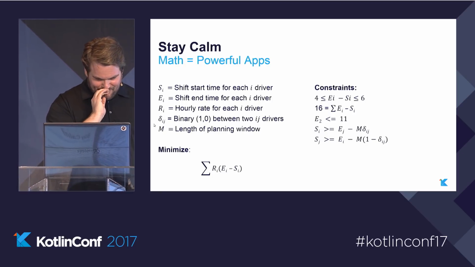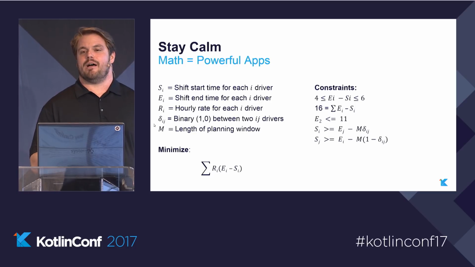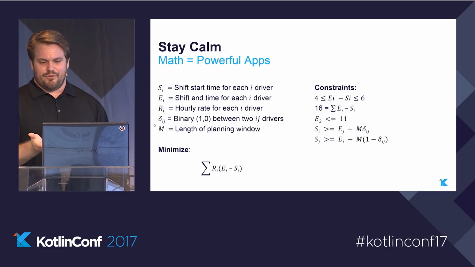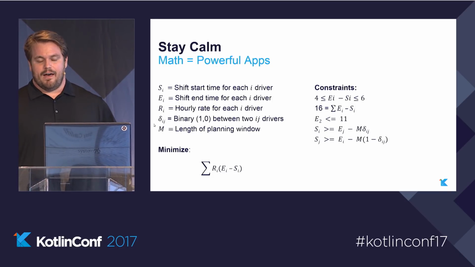So this minimize function at the bottom, that is what I'm trying to minimize. I'm trying to minimize the sum of the rate times basically the driving period for each driver, so the end time minus the start time of the shift. And to the right are the constraints based on that word problem that I defined.